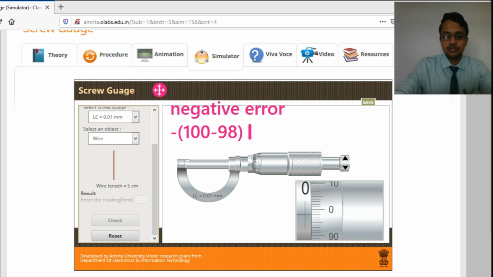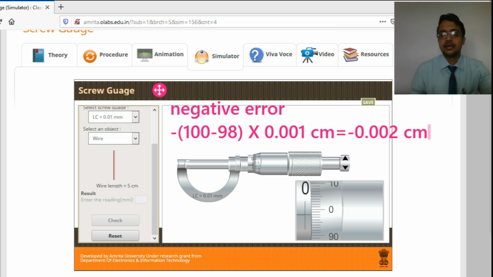Least count means 0.01 millimeter, or you can put 0.001 centimeter. So at the end you will get 0 minus 0.002 centimeter. So this is the negative error for your experiment.